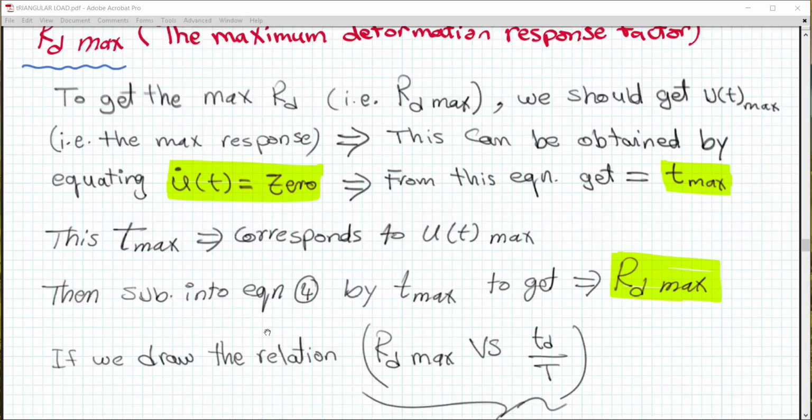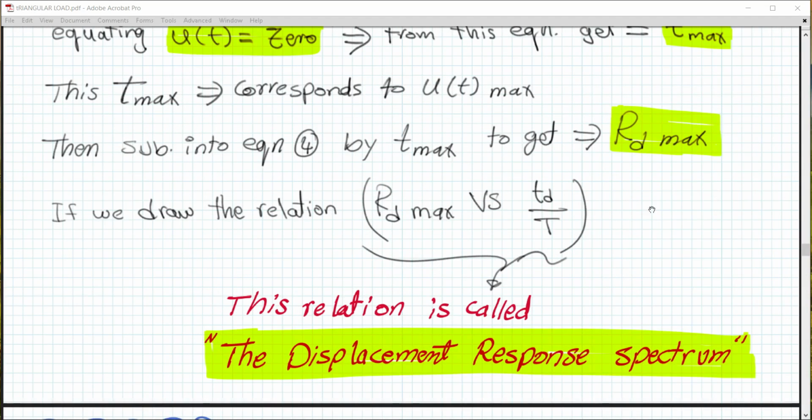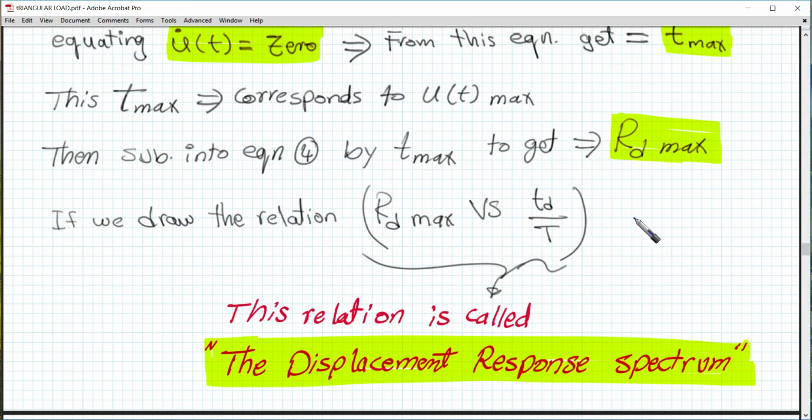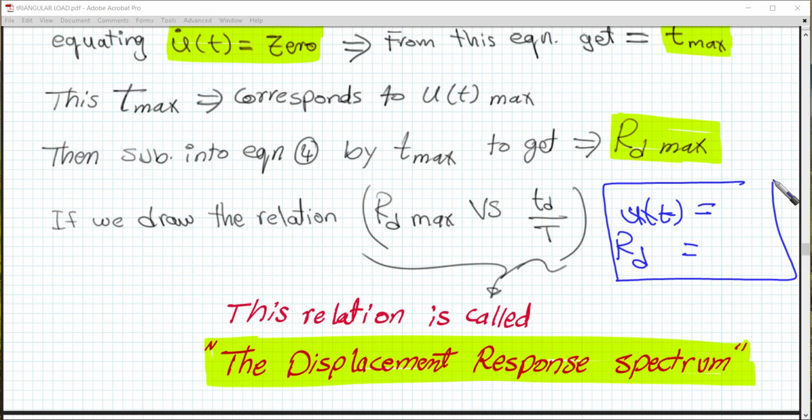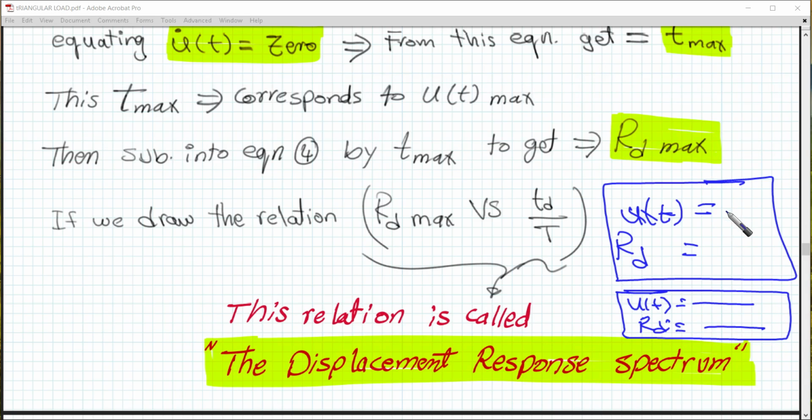One equation is u of t, and the other one is rd, for the first phase and second phase. For the first phase, we have the same set, which is u of t equal to something and rd equal to something. The right hand side always contains t.